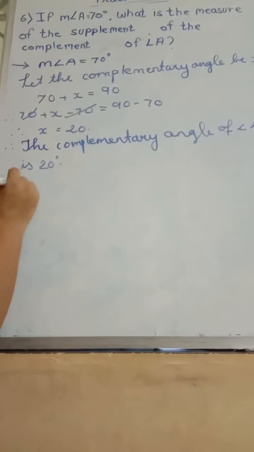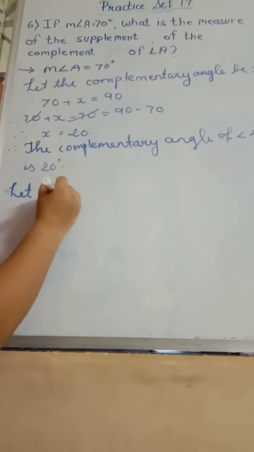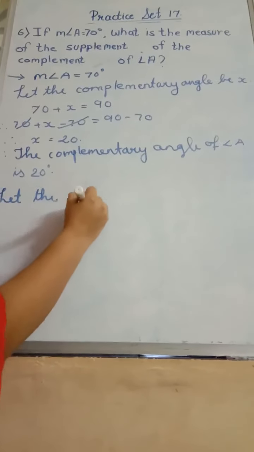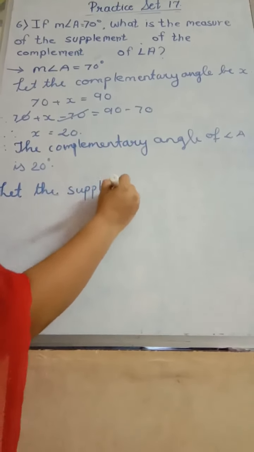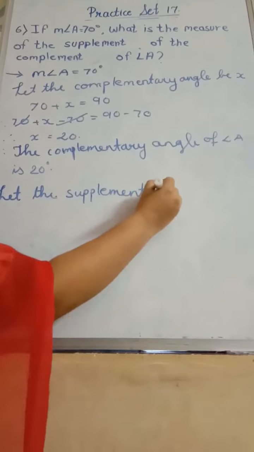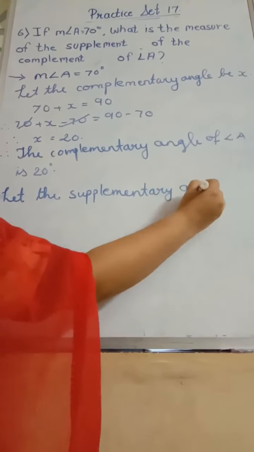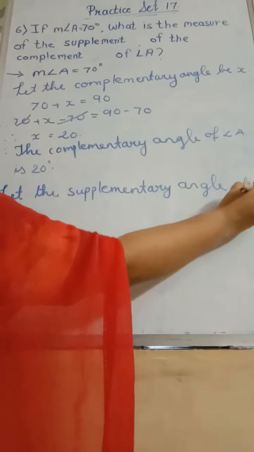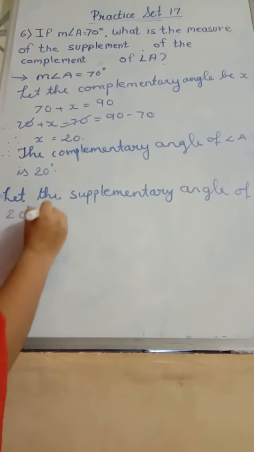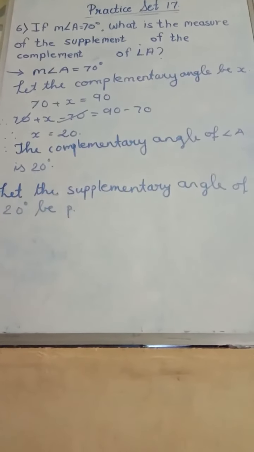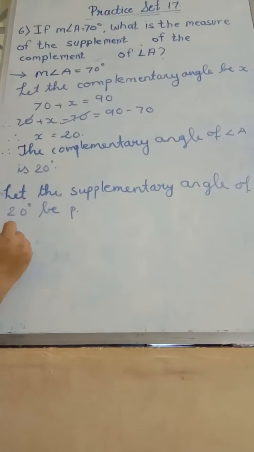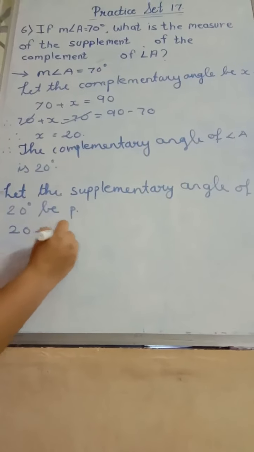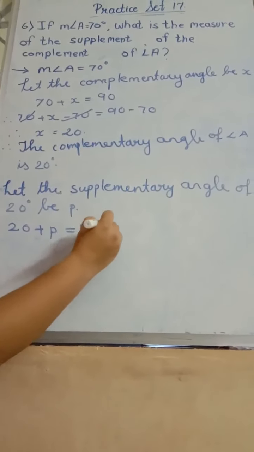Now 20's supplement we will find out. Therefore, let the supplementary angle of 20 degrees be P. Yeah, that is 20 plus P is equal to 180 degrees.